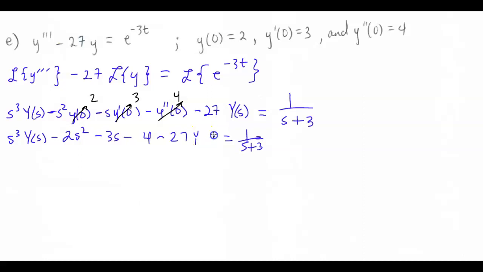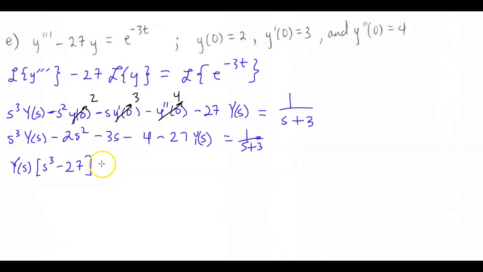And let's get this looking a little better. All right, so at this point, all terms that have big Y of s in it, we want to get that together. Everything else, we either want to combine terms and or go ahead and get that on the other side. So we'll have big Y of s here, s cubed minus 27. Here we have negative 2s squared minus 3s minus 4.